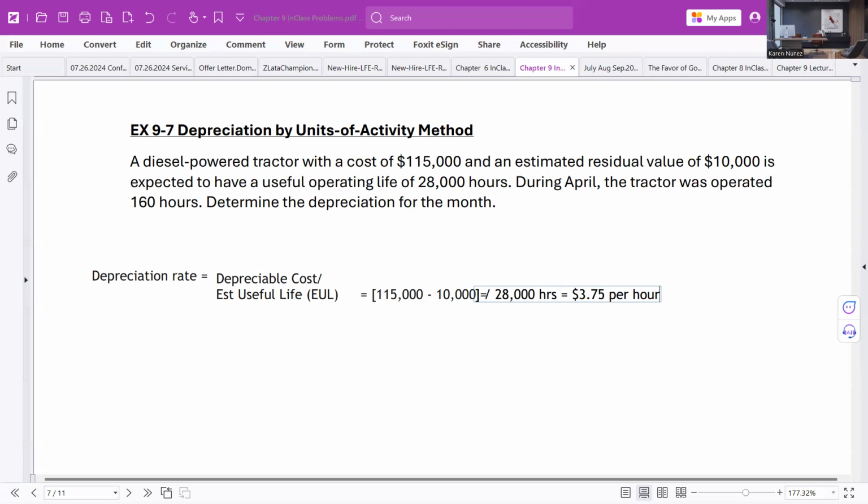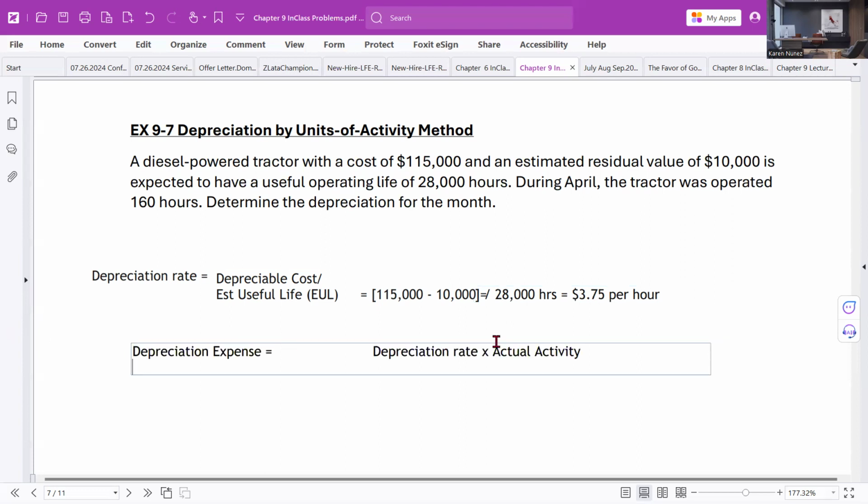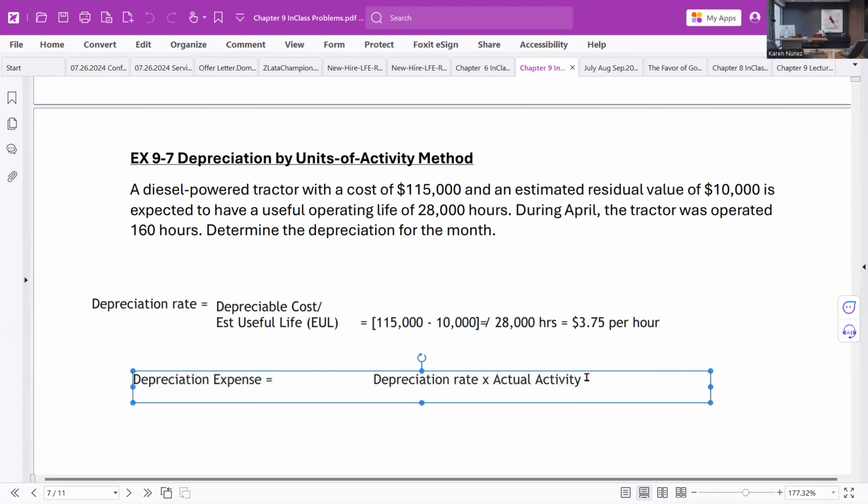So that means that the depreciation expense is that rate of 3.75 times the actual activity.